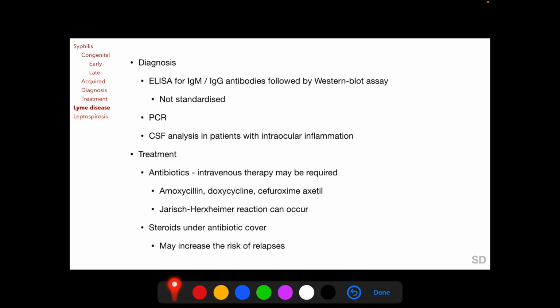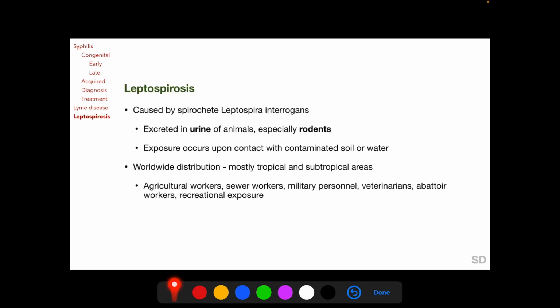Antimicrobial treatment for Lyme disease includes amoxicillin, doxycycline and cefuroxime axetil, and Jarisch-Herxheimer reaction can occur as in syphilis. And steroids may be given under antibiotic cover, but it has been shown that it increases the risk of relapse of the manifestations.